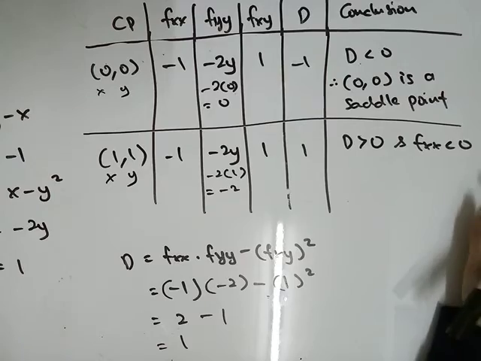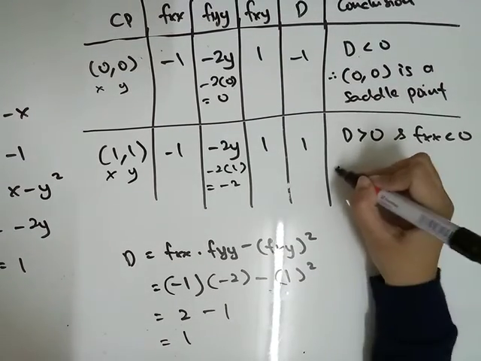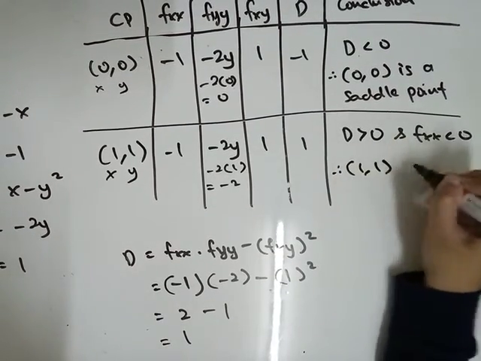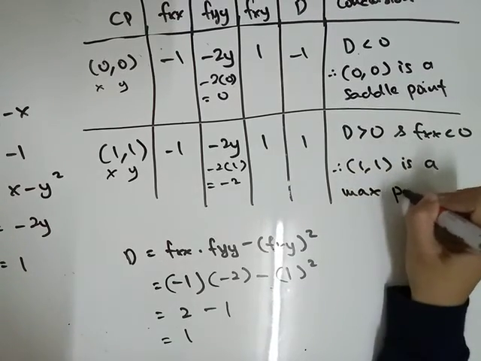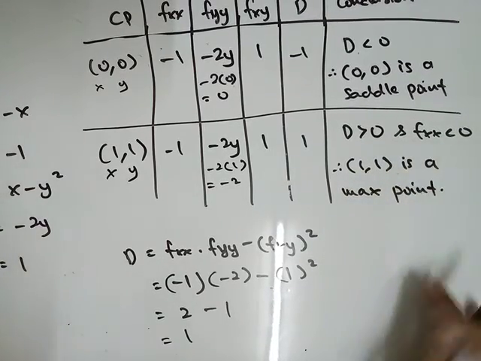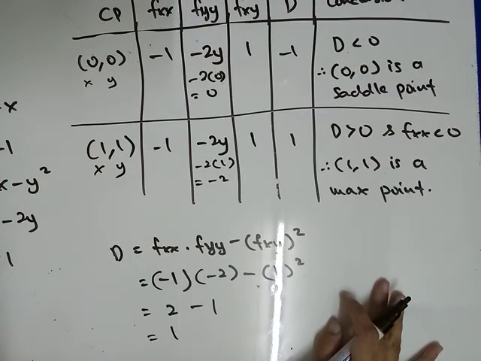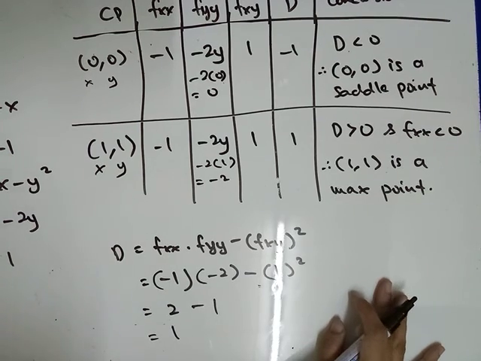So if less than 0, that means the point (1, 1) is a maximum point. That's it. Do you understand now the concept of how to find the maximum, minimum and saddle point? If you don't understand, you can ask on WhatsApp, okay?